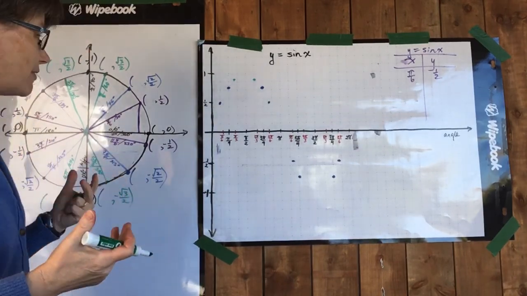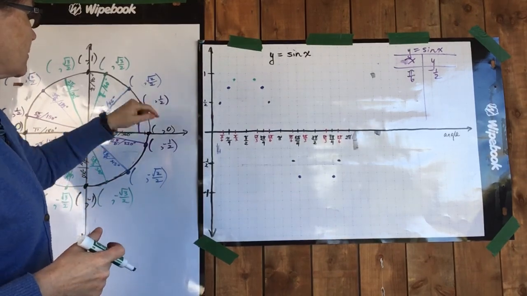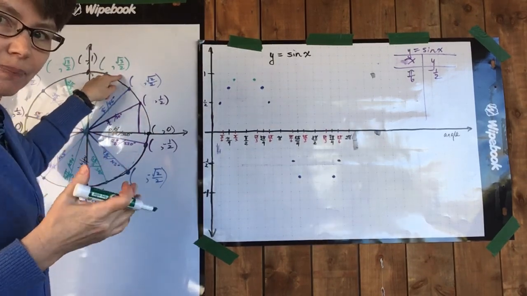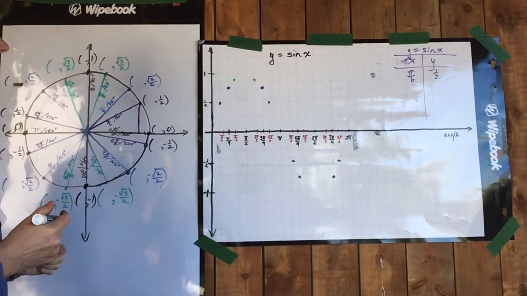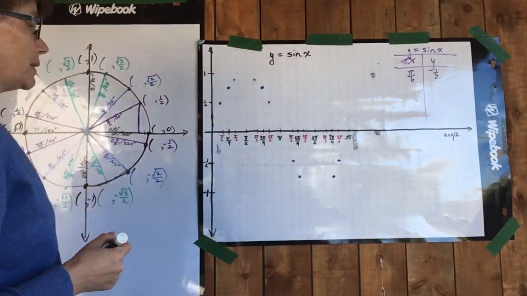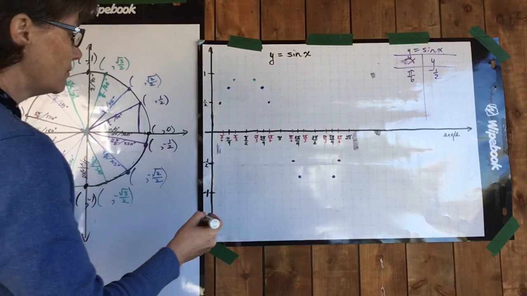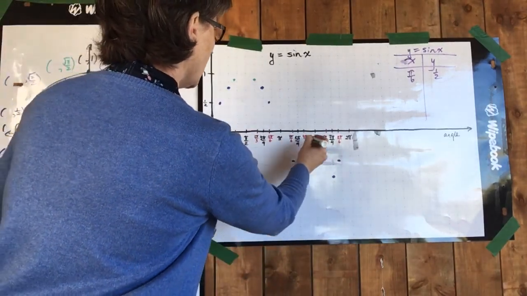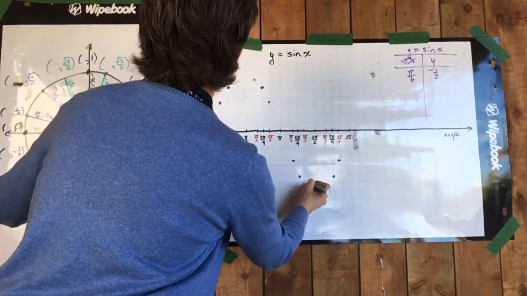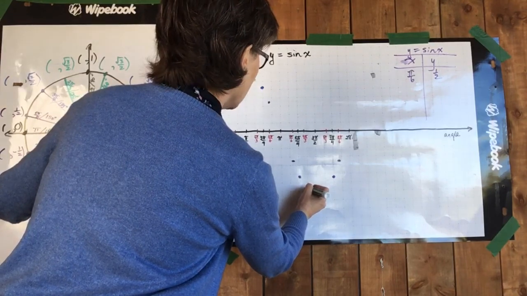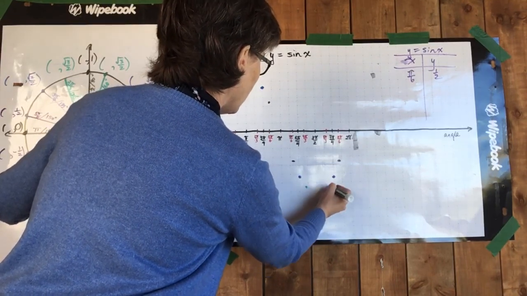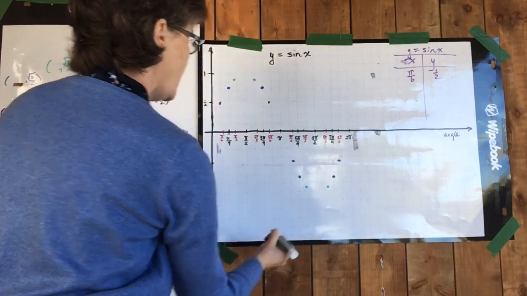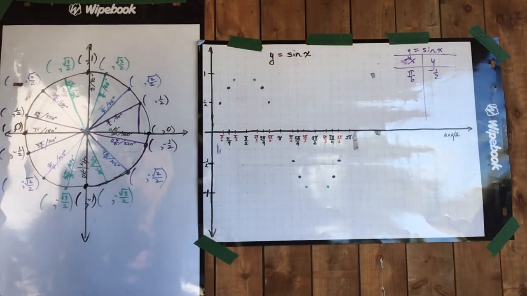It's 0.7 something for root 2 over 2 and 0.86 something, I think, for root 3 over 2. You can figure that out if you would rather get it more exact. And then 4 pi over 3, same distance down, and 5 pi over 3 as well. So this is starting to come together.